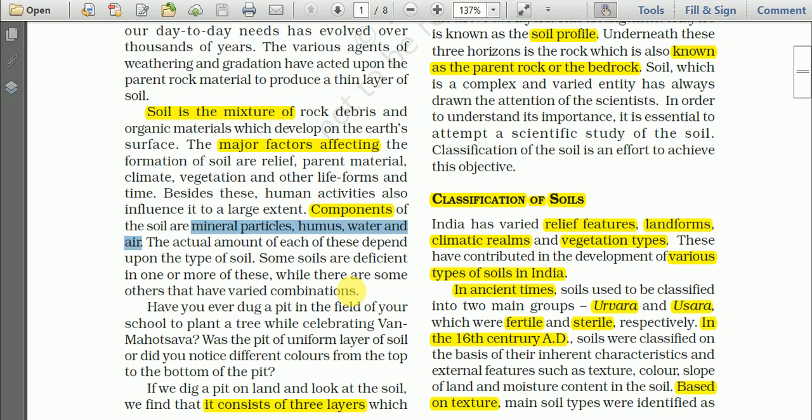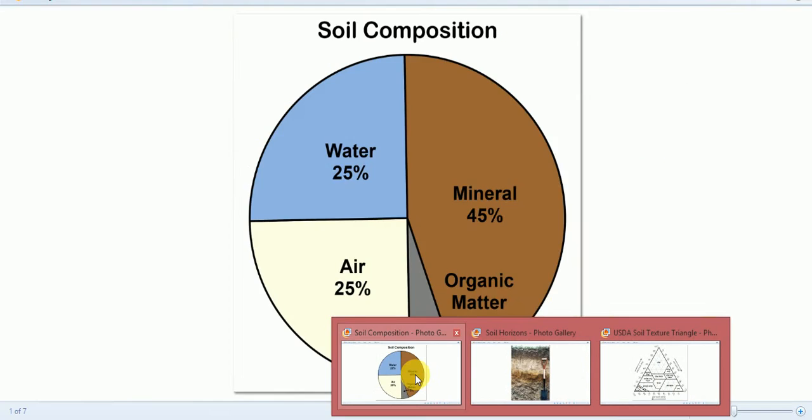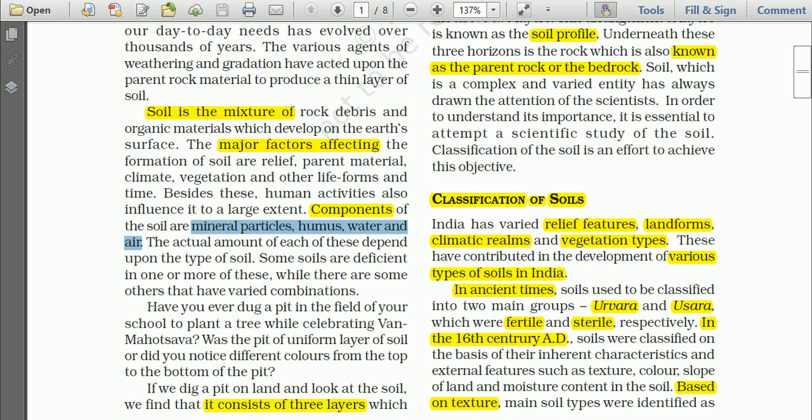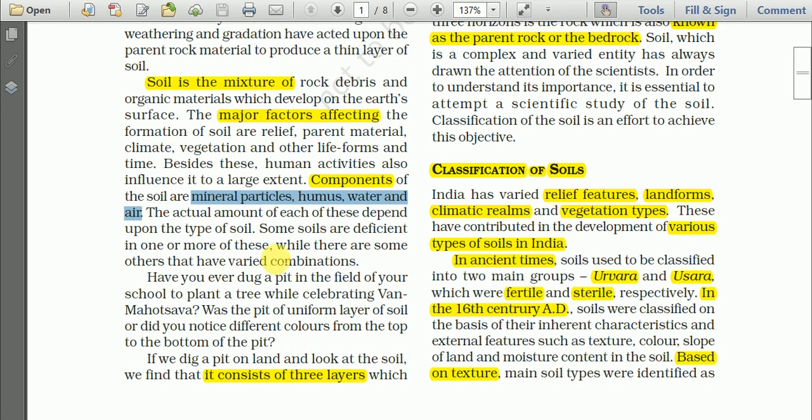That means in some soils you may find more water, or more air, or more or less organic matter. As mentioned here, some soils are deficient in one or more of these, while there are some others that have varied combinations.